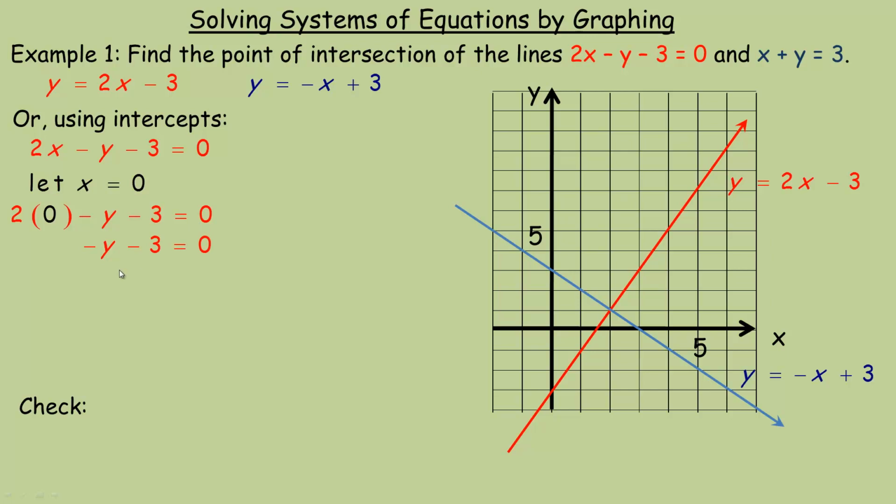And we want to solve for y. So now, in order to solve for y here, I'm going to rearrange by bringing that y term to the left, or add y to both sides. So if I do that, I'll get negative 3 is equal to y. See, that y becomes a positive y over here. So negative 3 equals y, or y equals negative 3.